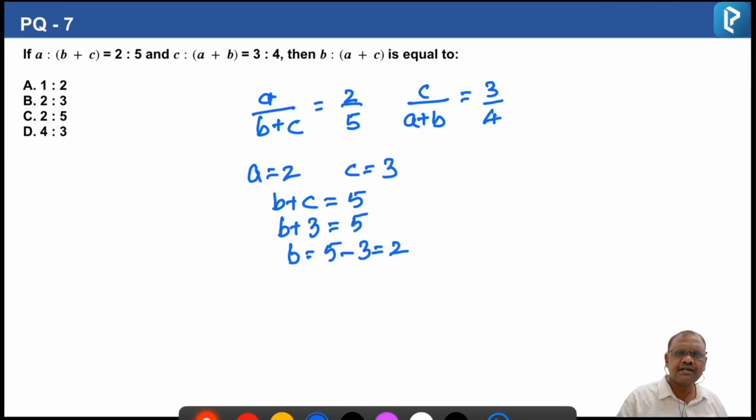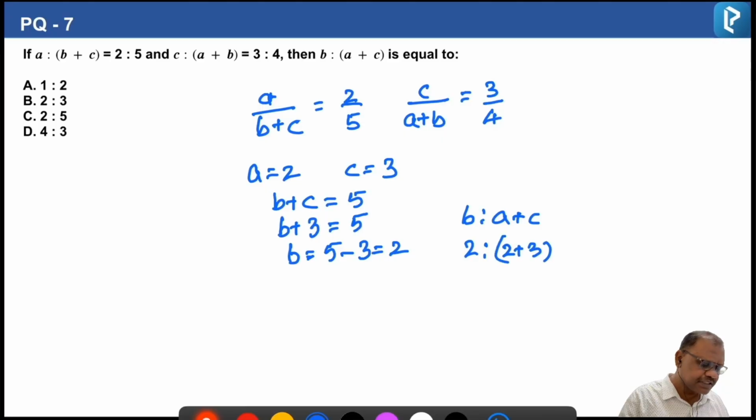Since we know the values of A, B and C, we can find the required ratio, that is B:(A+C). B value is 2, A+C is 2 plus 3, which is equal to 2:5. So out of the given options, option C is the right answer.